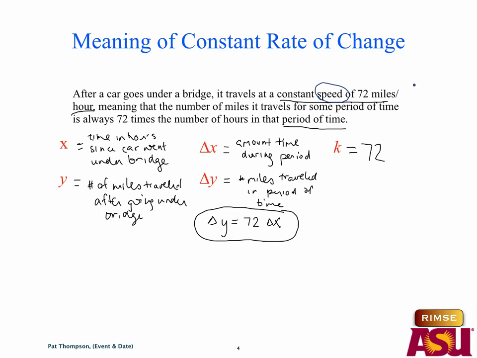So using the speed, change in distance over change in time is 72, right? But this version of the statement is equivalent to that one, okay? They're equivalent statements, just different perspectives on the same coin, okay? Are there any questions so far? Not too bad? Okay.